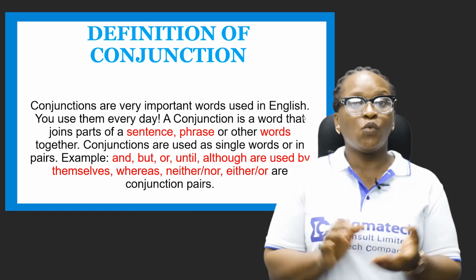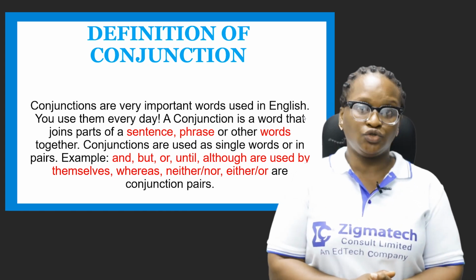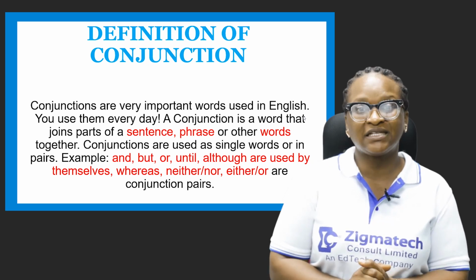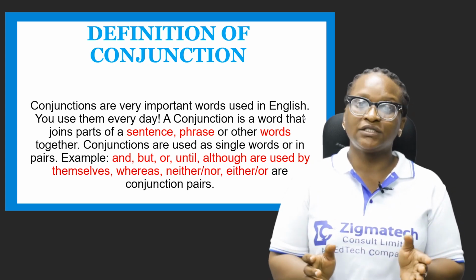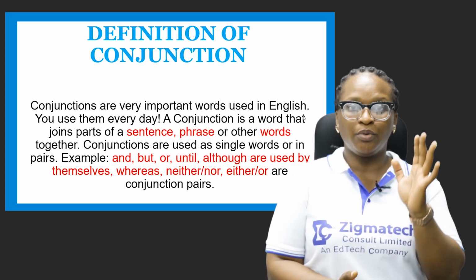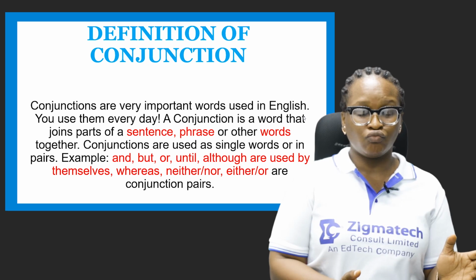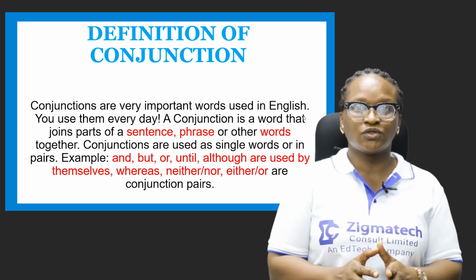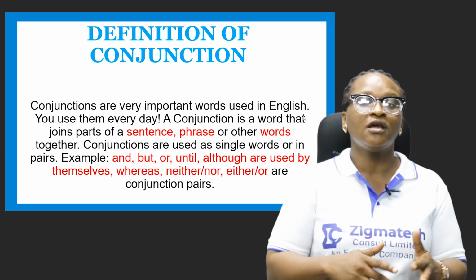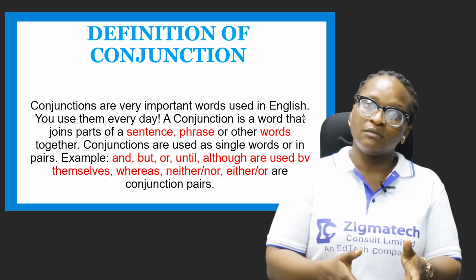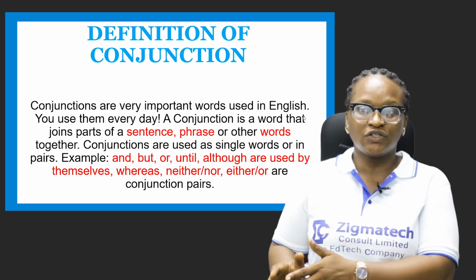Basically, conjunctions are words that are used to join words, phrases, clauses, sentences. Now, clauses in the sense that the main clause is made up of one independent clause. So we can actually say conjunctions are used to join words, phrases, and clauses, and not mention sentences.